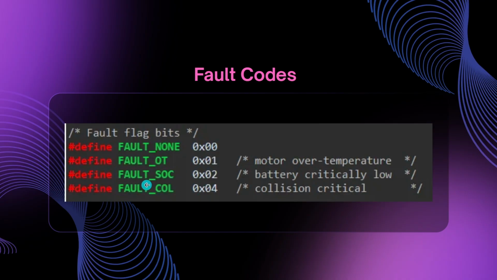Next we have fault SOC, which is represented by the code 0x02, which indicates battery is critically low. Next we have fault COL, which is represented by 0x04, which says the collision is critical. So all of these fault codes can be viewed on the dashboard, which I'll further show you in the project demonstration.